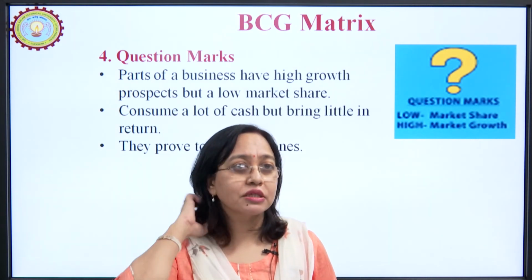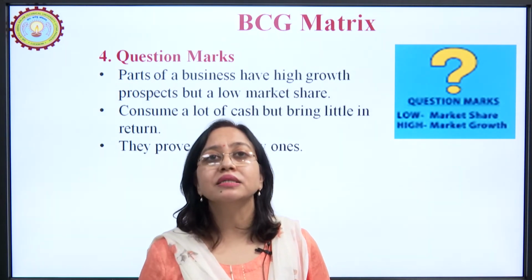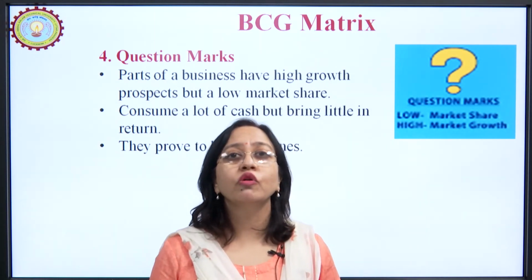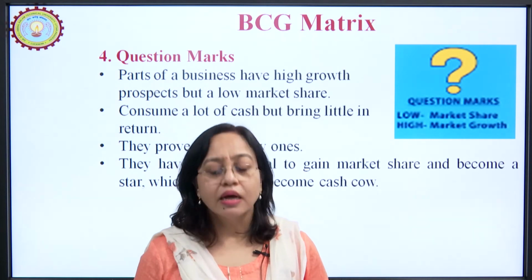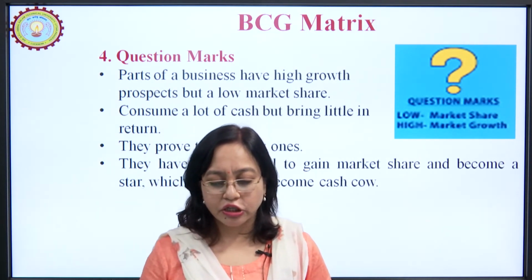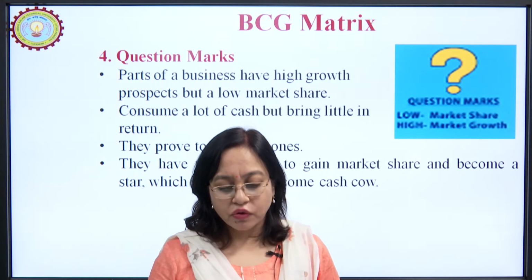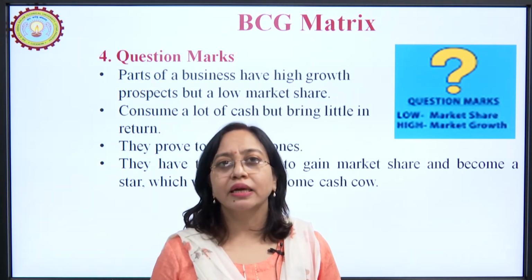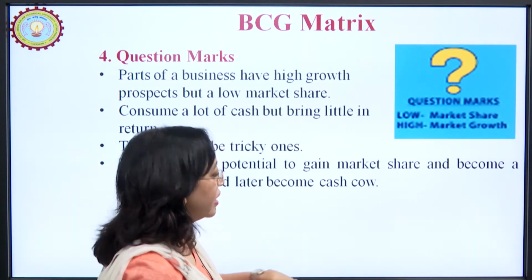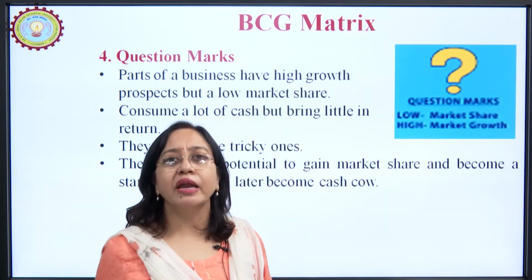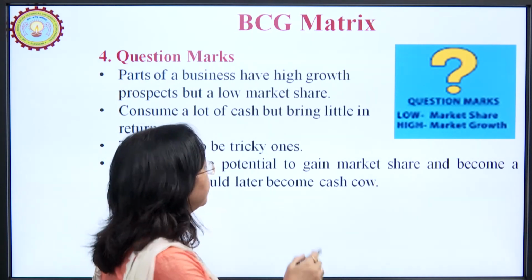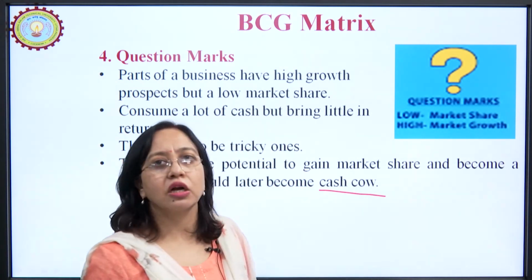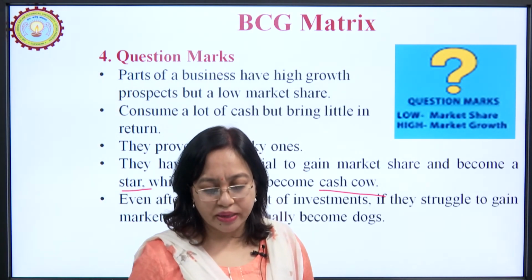Now, the marketer has to decide what has to be done with these products, whether you should put them on hold, or with a lot of hope you should move forward with them. They have the potential to gain market share and become a star, which would later become a cash cow. So, it could go both ways. It can become a dud, a very poor performer, or it can move to the other route where it will become a star, and then later a cash cow, which is what stars generally become.